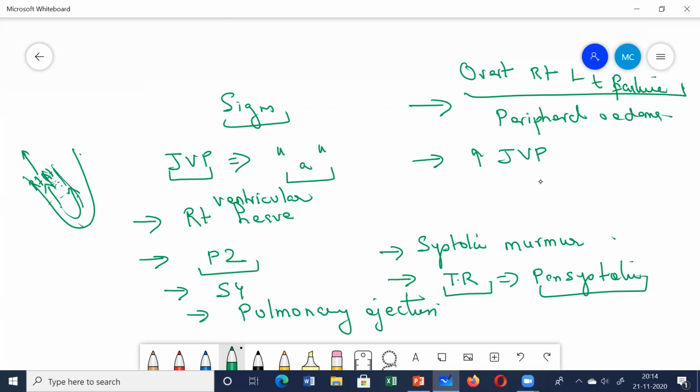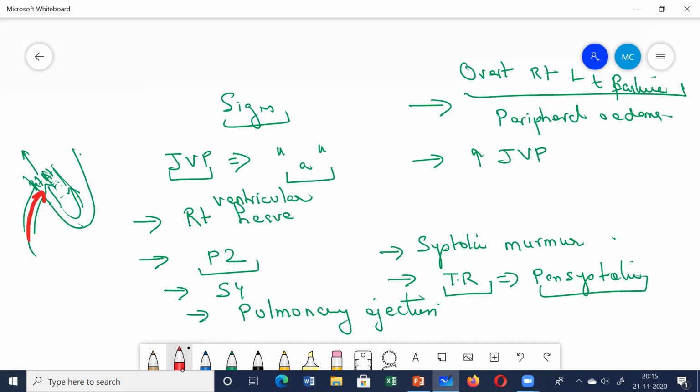And when there is back pressure in the right atrium, the emptying of blood from the veins into the right atrium is also not taking place properly. From the right ventricle, blood is not getting properly emptied into the pulmonary artery, and similarly, because of the back pressure in the right atrium, blood from the veins is not getting properly emptied into the right atrium.